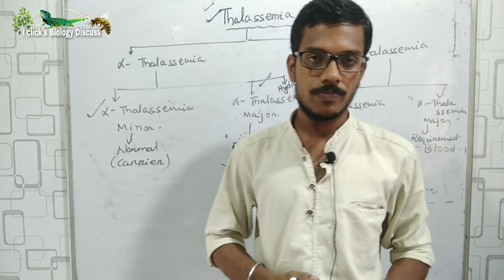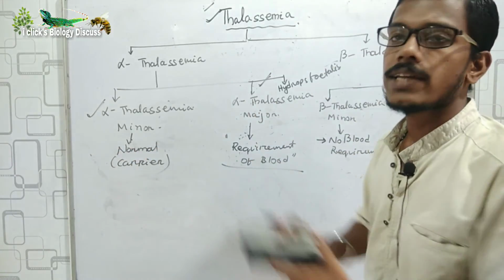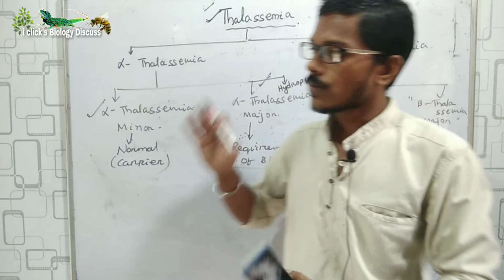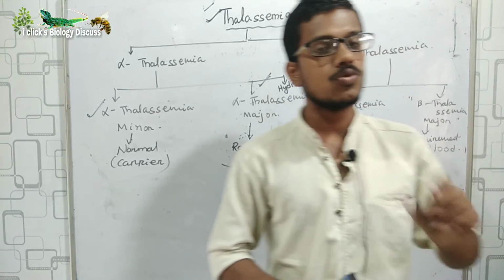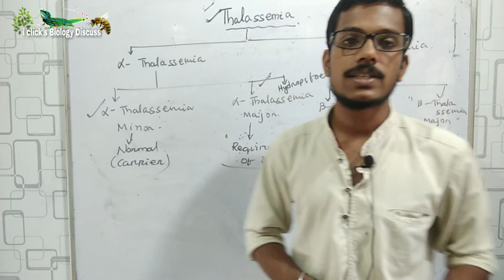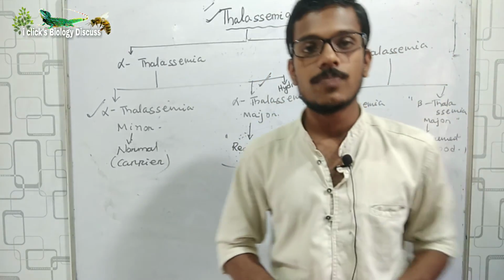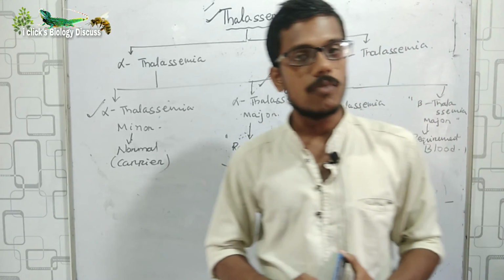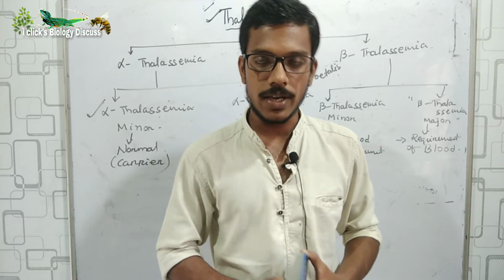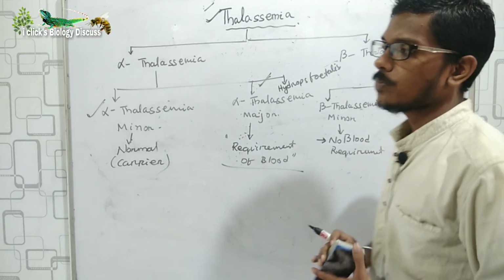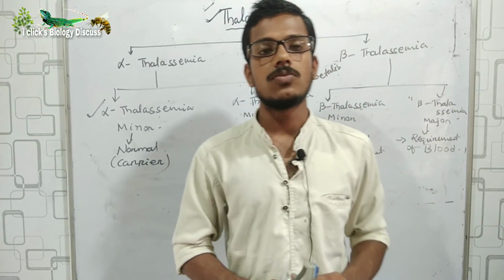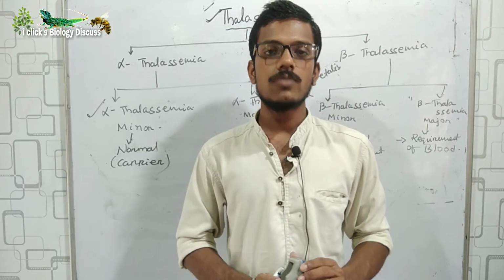HbA has 2 alpha and 2 beta globin chains. HbA2 has 2 alpha chains and 2 delta chains. HbF has 2 alpha and 2 gamma chains. In the adult human being, there is 95% of the HbA type of hemoglobin.